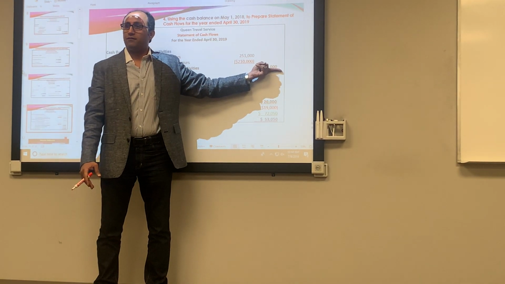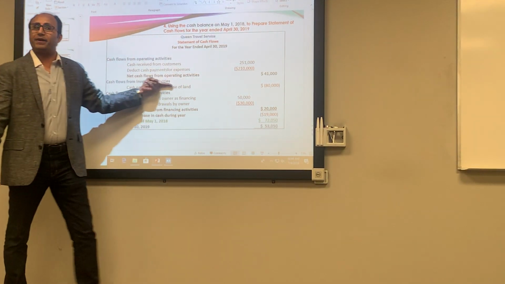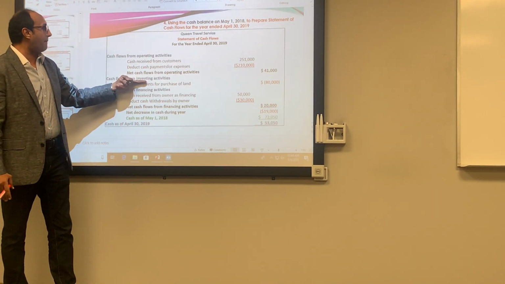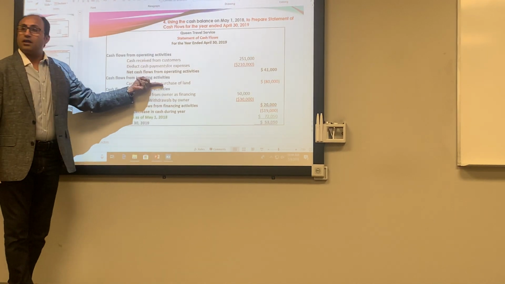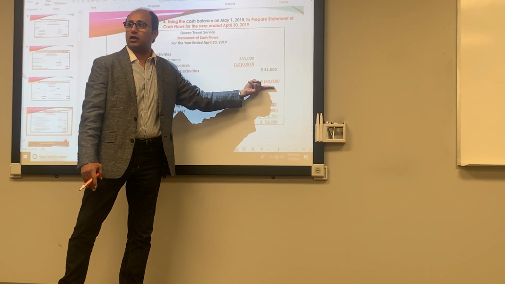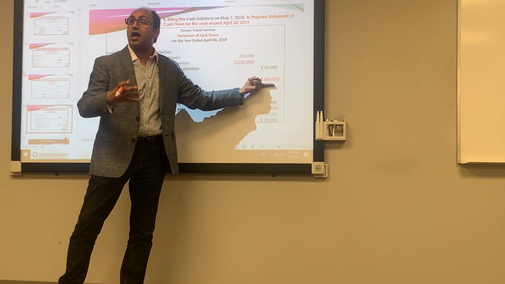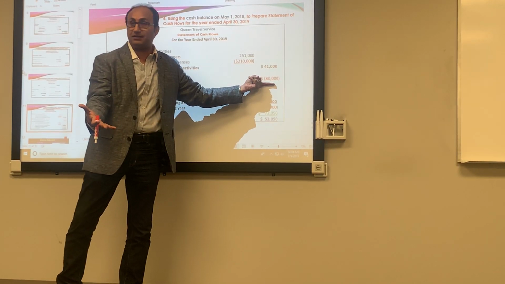Okay? So the first number we obtained, 41,000, is from the operating activities. The second number, from investing activities, is buying land, because we spend $80,000 to obtain this land, to use it as assets or long-term asset investment.